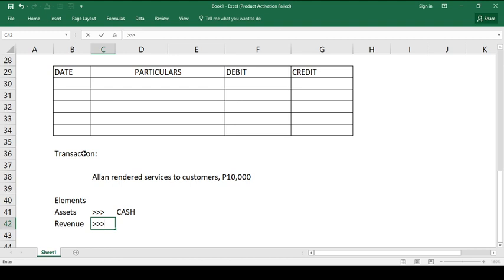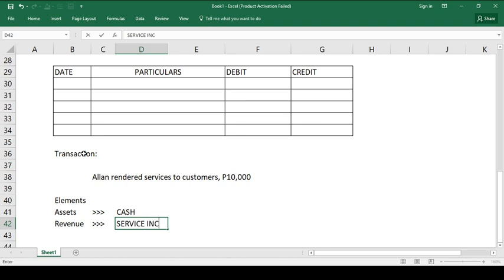Pangalawa, ano po yung revenue? Remember, nung nag-provide ka ng service, you earn an income. Kasi, kumbaga, it's your kita, on rendering a service. So, there is an income. And what type of income? That is a service income.